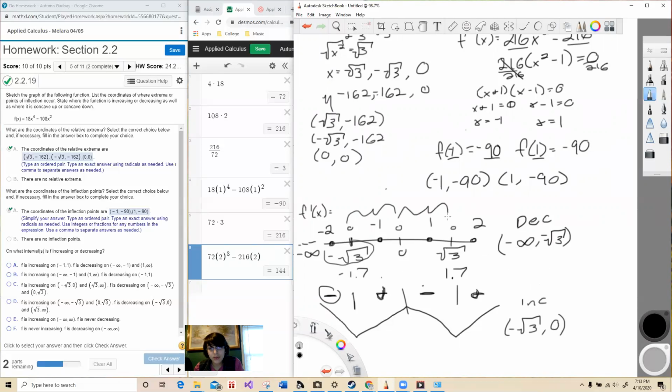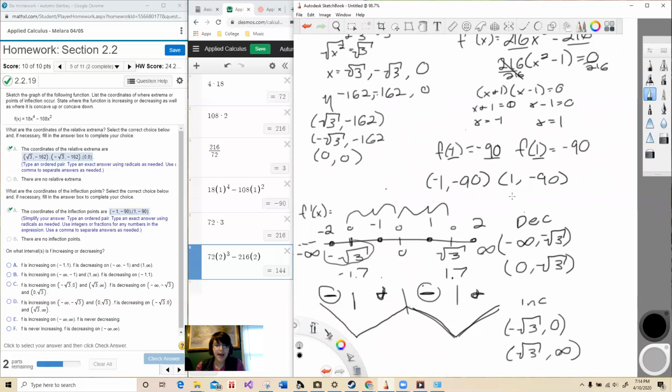We have 0 to positive root 3, and look at that, it's decreasing. So we're going to add that here. Our last interval, we have positive root 3 all the way off to infinity, and that's going to be increasing. So it starts at root 3 and goes to infinity.